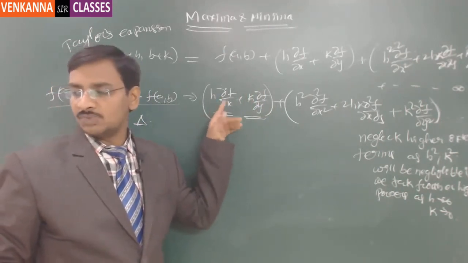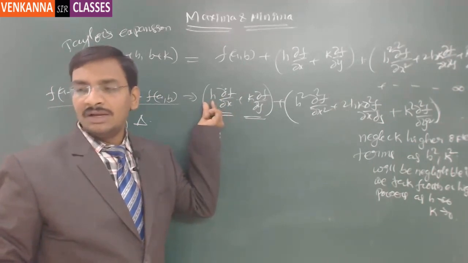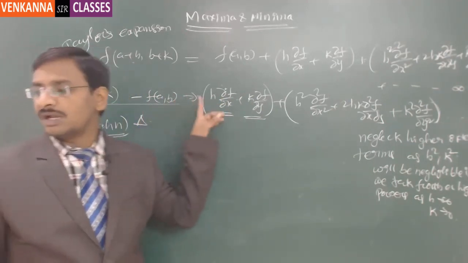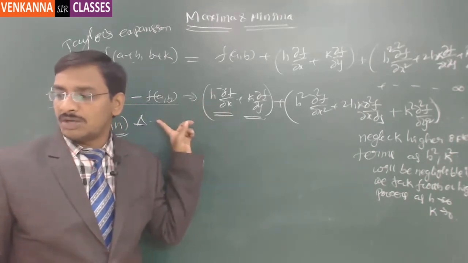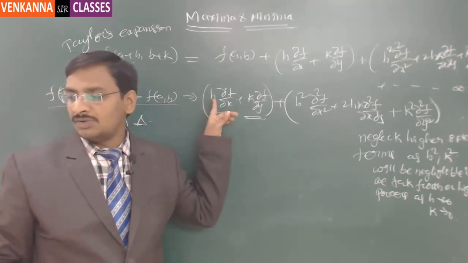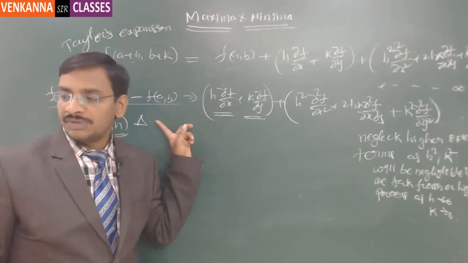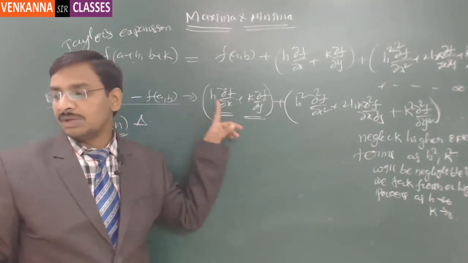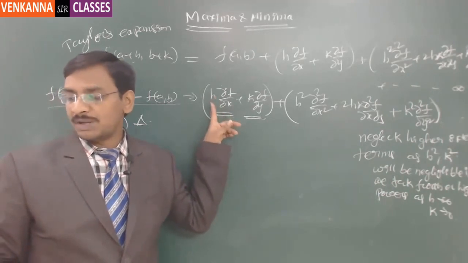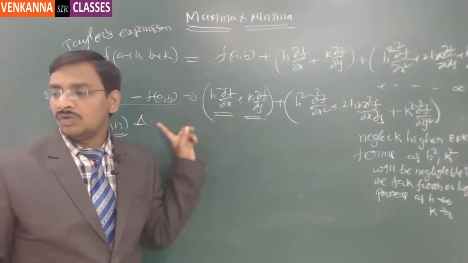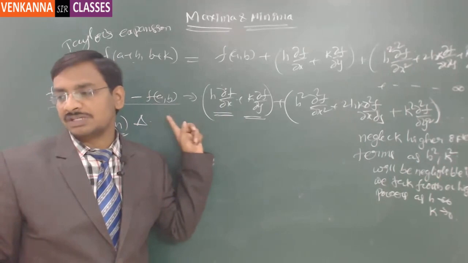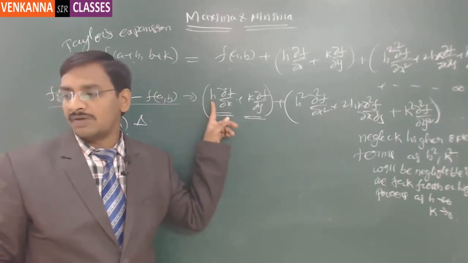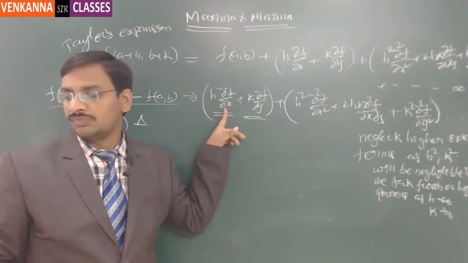So ∂f/∂x is one value, and depending upon this h value, this is going to be changing. That means if you take a positive h, you are going to get a positive value. If you take a negative h, then you are going to get a negative value. That means this is deciding the sign. So automatically you will not be able to identify whether the function is maximum or minimum. So you have to avoid this h. How can I avoid that? By making this value 0. Got it or not?